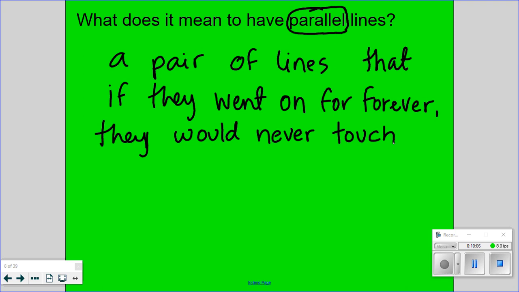It's a bit of a tricky definition. Go ahead and write it down, and then we'll explore what it means. So we're looking for a pair of lines that, if they went on forever, they would never touch, because there would never be an ending.